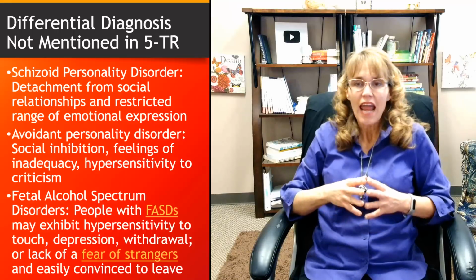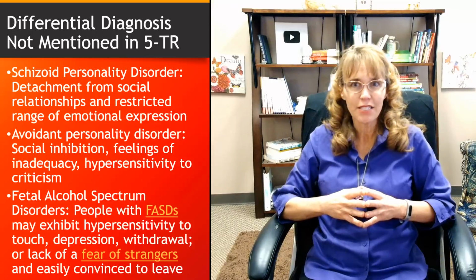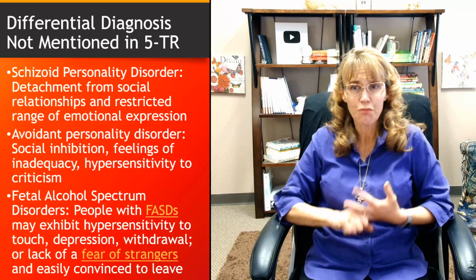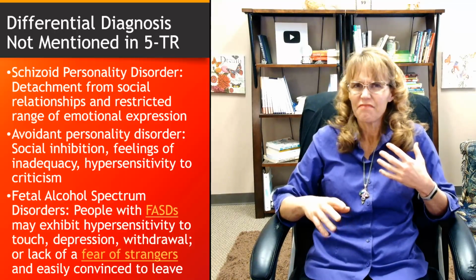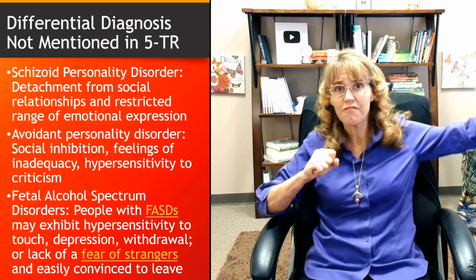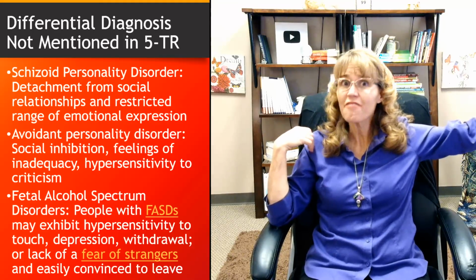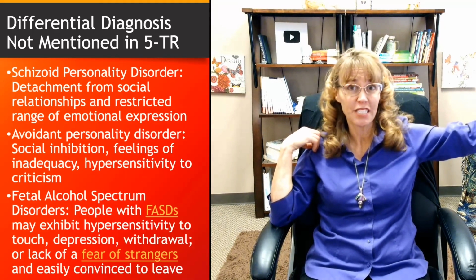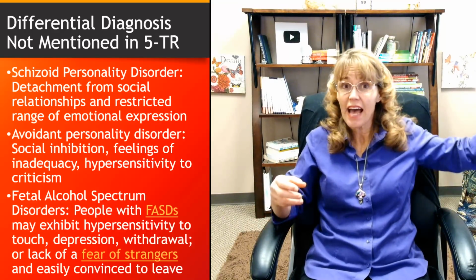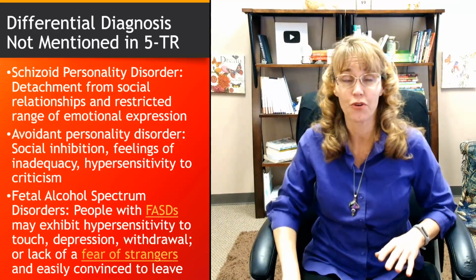So it is possible that somebody may present as having schizoid personality disorder with detachment from social relationships and a restricted range of emotional expression, not wanting to be comforted. So we do want to look at these, and then we want to evaluate, was there a neglectful environment? Might they have met the criteria for reactive attachment disorder? The treatment will likely be somewhat different if they have untreated reactive attachment disorder versus schizoid personality disorder.